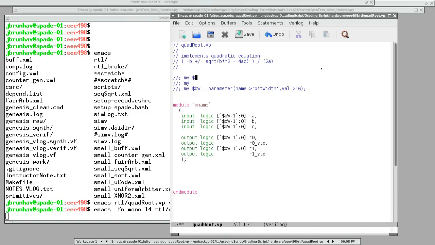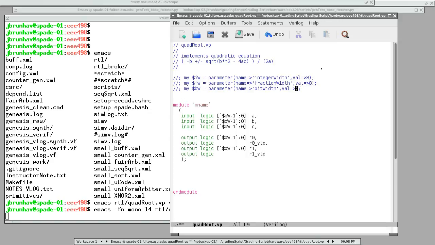What we'll actually do is say integer width and fractional width. So we're going to represent it as an integer width, and we'll say the value here is 8, and parameter name fraction width, value 8.